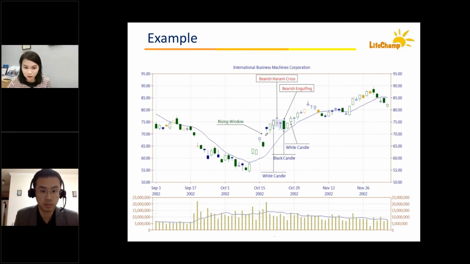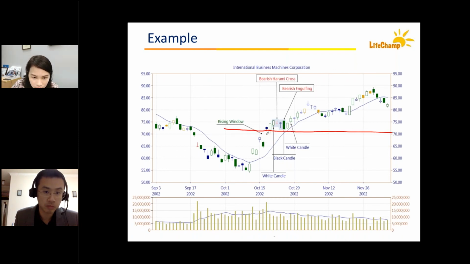Gap up usually means a bullish situation, and then you have to measure the gap over here. So the gap here, you draw one horizontal line that touches the body, but slant a bit. Then you have this gap here.